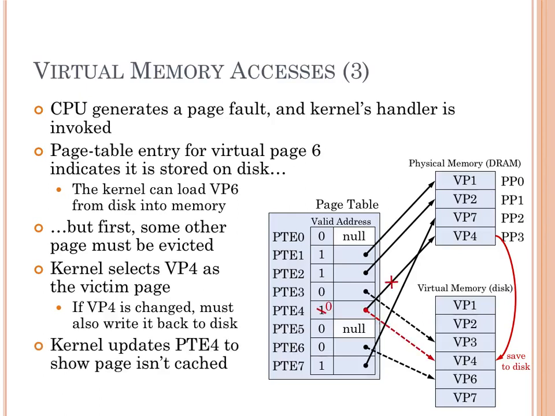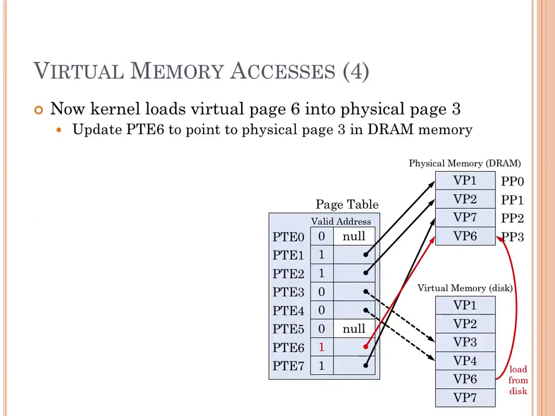And then it'll update the page table entry for that virtual page saying this page is no longer in DRAM. Okay, so notice the valid bit gets set to 0. The data inside the page table entry says now it's on disk at wherever. Okay. So now there's an available frame, and the kernel can load virtual page 6 into that frame.